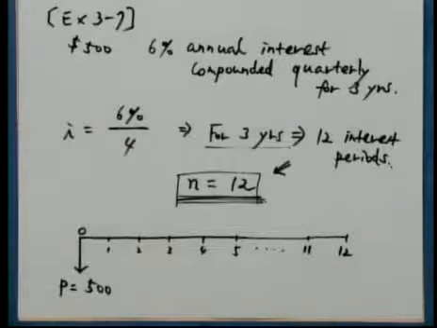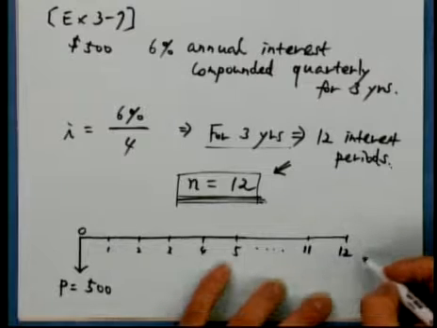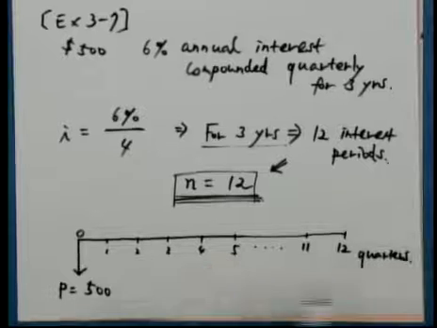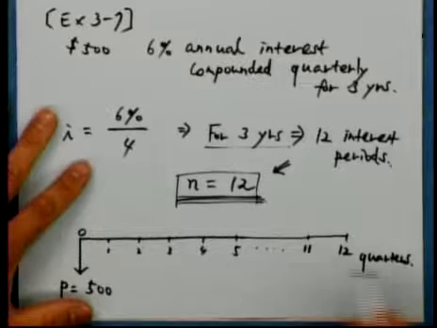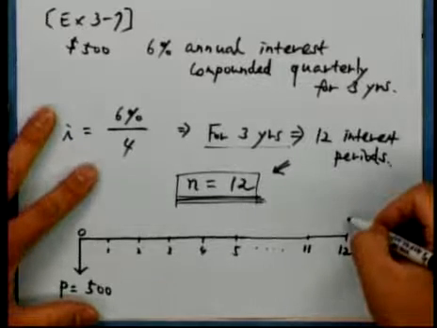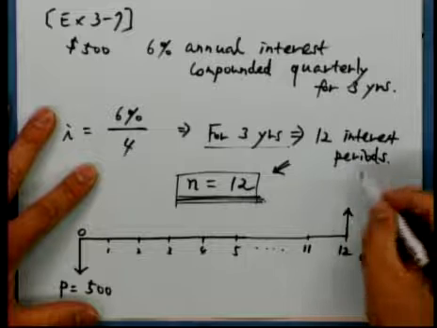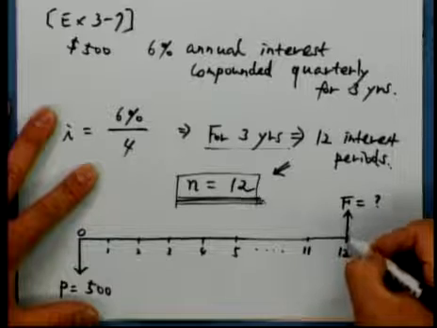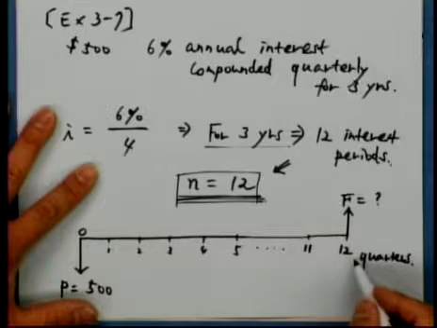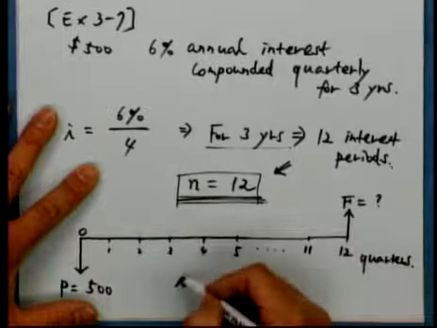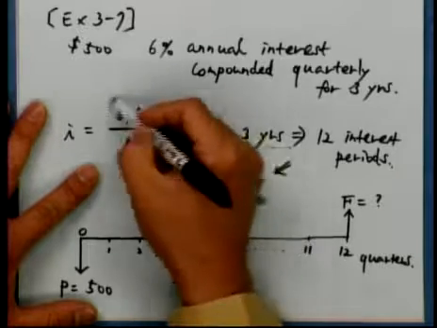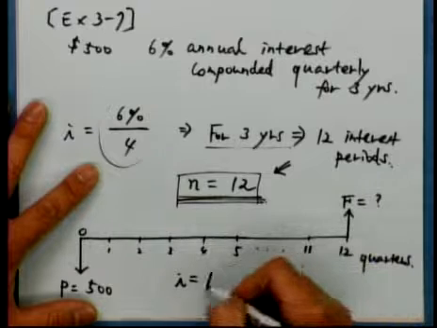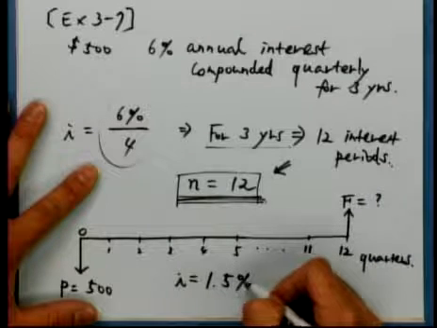Okay? And the unit would be quarters this time. And we want to find the future sum, F, at the end of the 12th quarter, right? And the interest rate would be 6% divided by 4, which is 1.5%. Okay?